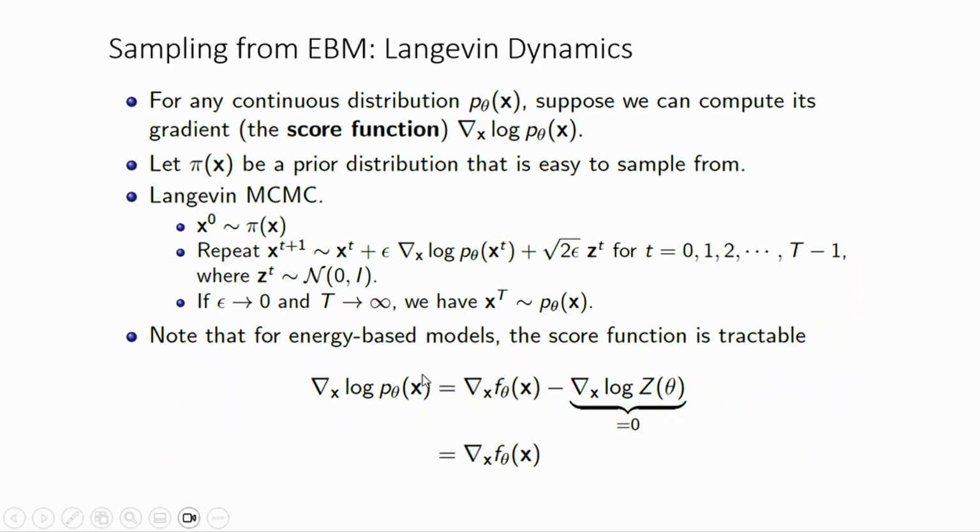So even though we don't have the exact solution for the normalized density, we can still estimate the gradient of the log of the density with the gradient of the energy function that we're learning. So we could consider that the sampling procedure is how we leverage this information we can exactly compute with the current network to mimic sampling from the actual distribution defined by the energy-based model, parameterized with our current model.